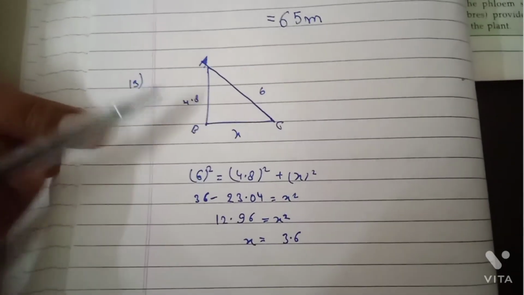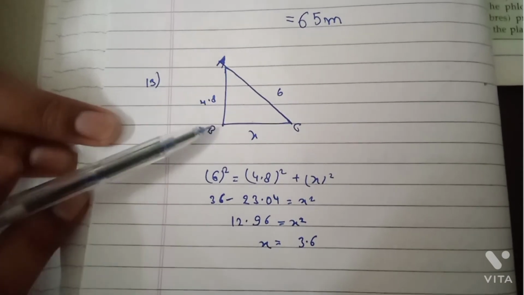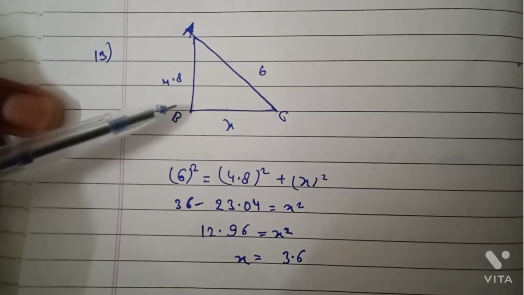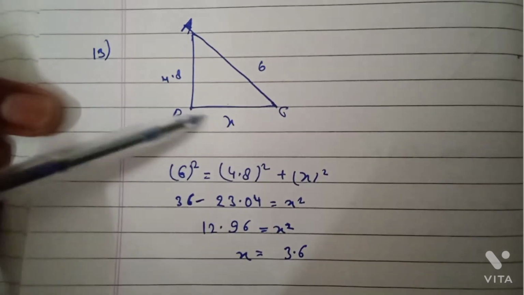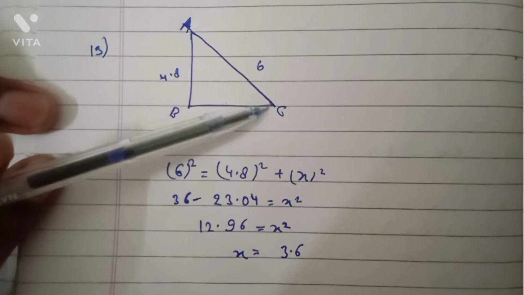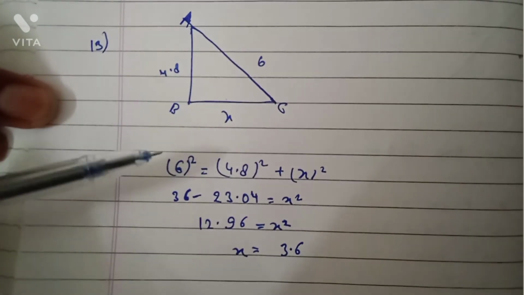Here also we have made a triangle, and AC is the ladder and AB is the wall, and the ladder is leaned against the wall. We have to find BC, meaning the distance of the ladder from the wall, which we have taken as x.